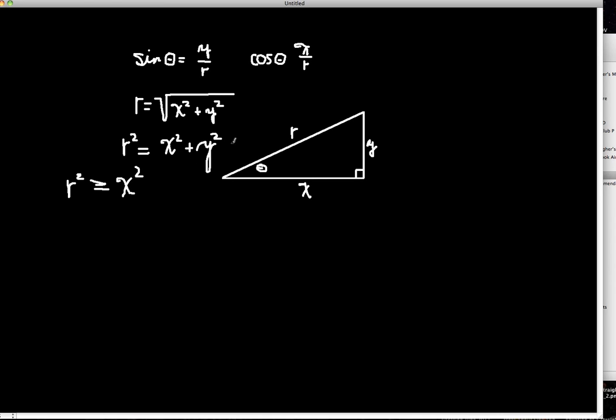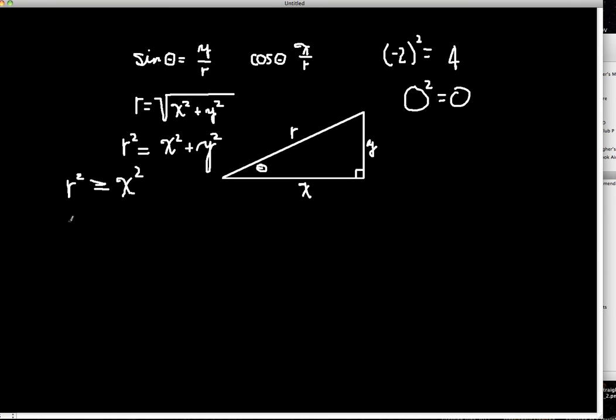Now the square of any number must always be greater than or equal to 0, even a negative number, right? You know, for example, that negative 2, if we square it, is equal to 4. The square of any number is always greater than or equal to 0, with 0 squared equal to 0. Okay?